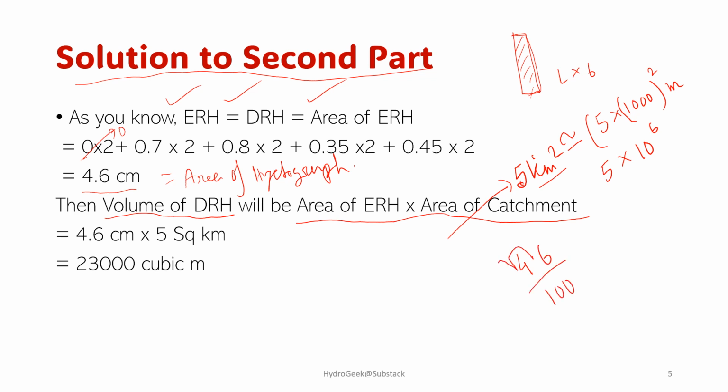So this will become 0.046. When it becomes 0.046, it is in meters. Now this other one is in meter square, this is meter. Multiply them, and you will get a value of 23,000 meter cube.